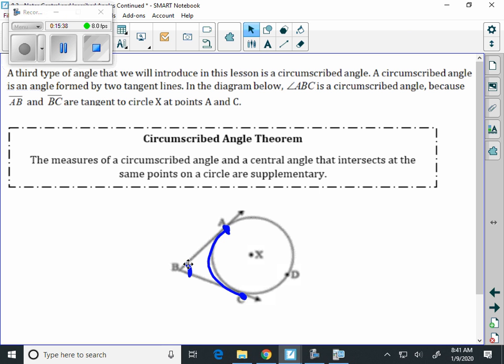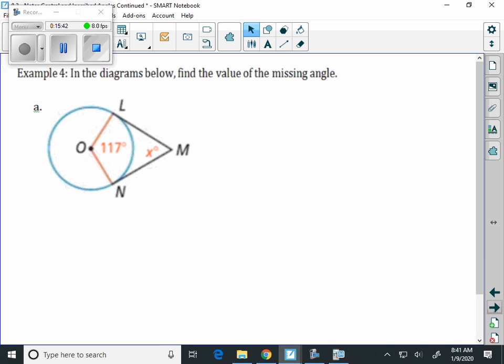It shows up better when you look at these last two examples here. In the diagrams below, find the value of the missing angle. So now we have the central angle drawn in here at angle O, and I don't want to cover up the 117, but there's the central angle.